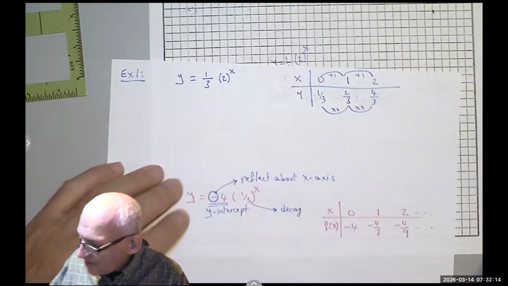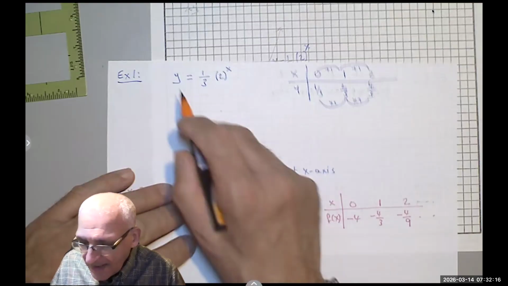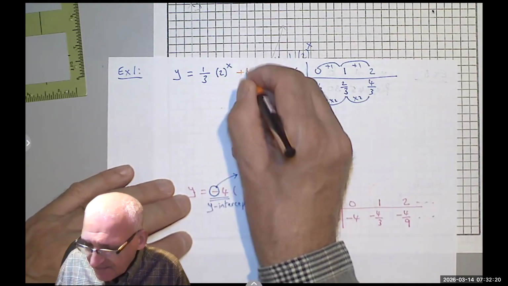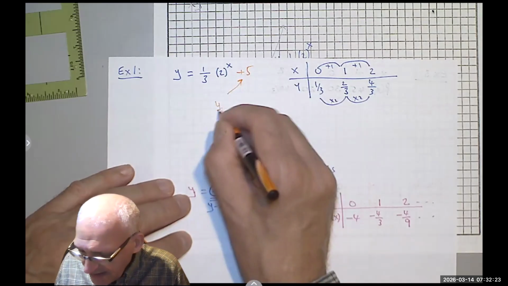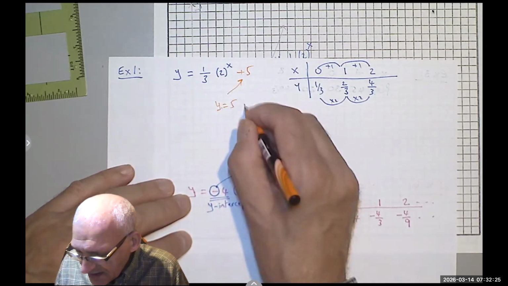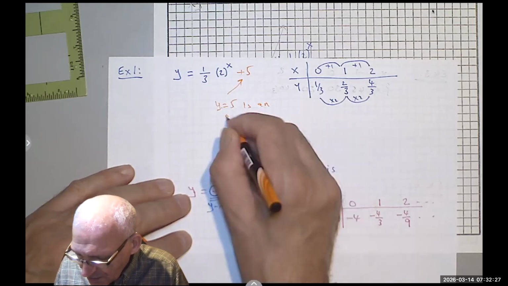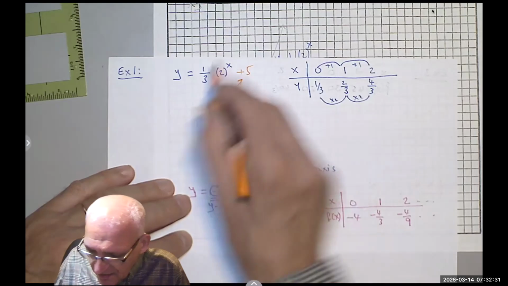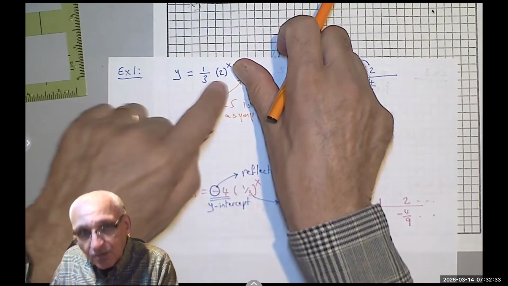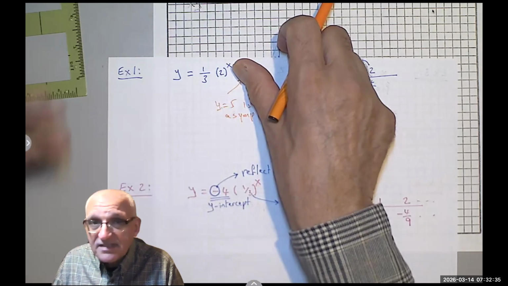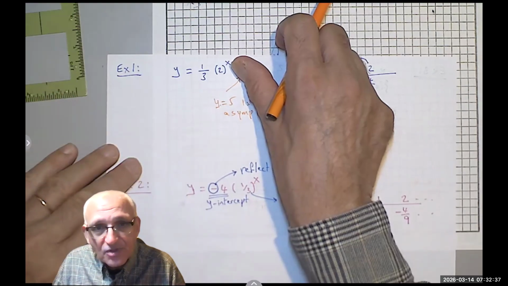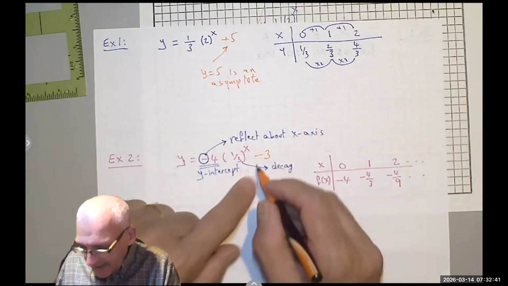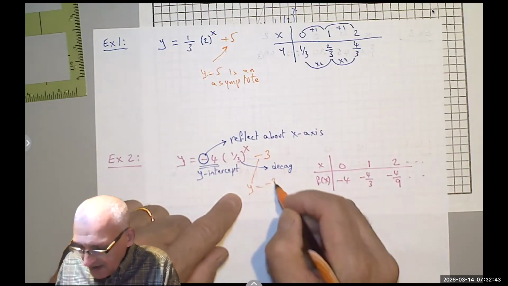So if I give you another function and I say y equals 1/3 times 2 to the x, say +5, then y equals 5 is an asymptote. Here, without that, y equals 0, which is the x-axis, is the asymptote. If I say -3, then y equals -3 is the asymptote.